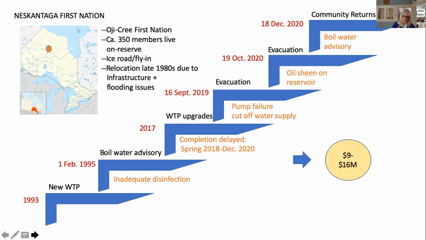After 2 months living in a Thunder Bay hotel, the Neskantaga people returned home. So although they have water now, their boil water advisory continues due to a number of different issues, and this despite the price tag of currently $16 million.